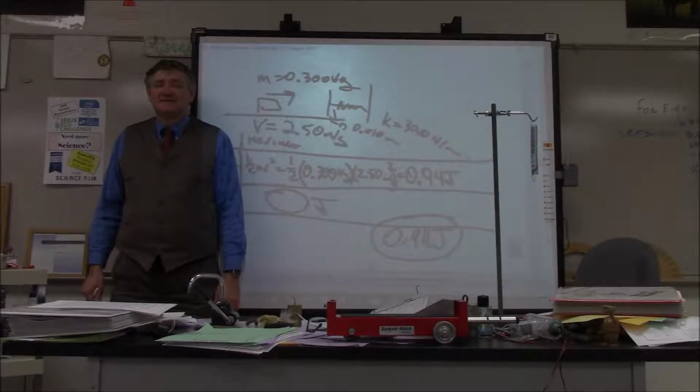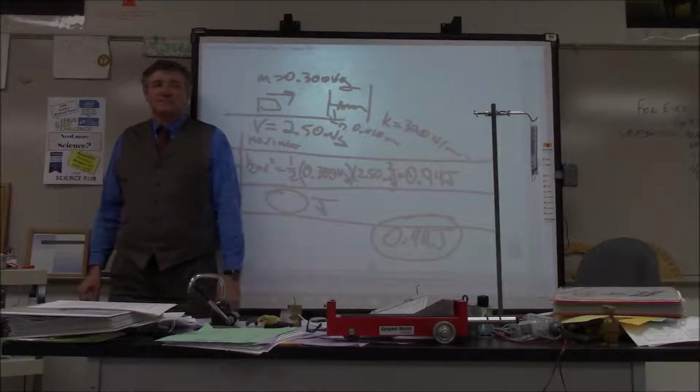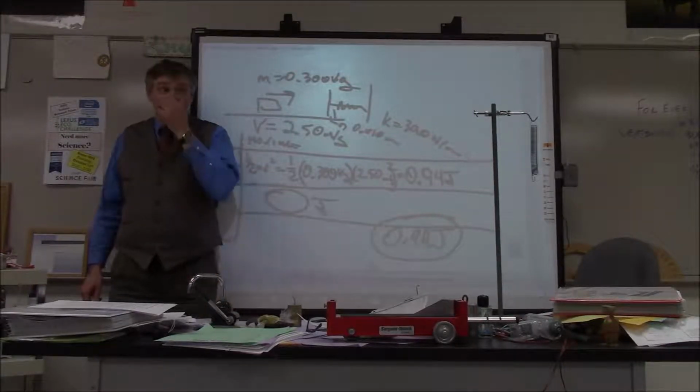What is the 0.01 meters? That's how far it's compressed. That's your X. And you know the spring constant, which is 3,000. That'll work. I can do work. I can find work by doing what? Give you a hint, it starts with a 1/2.